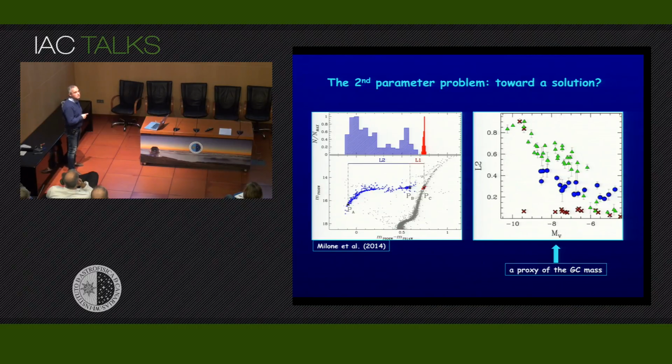Extra flat. In fact, they have essentially a red stub horizontal branch. Okay, so L2 is very small. Apart from two crosses that are 6388 and 6441, two metal-rich globular clusters with a very extended horizontal branch that I mentioned before. These are intermediate clusters. The green points are clusters with metallicity around minus 1.3. And so there is this correlation between the horizontal branch extension and the mass of the globular cluster.